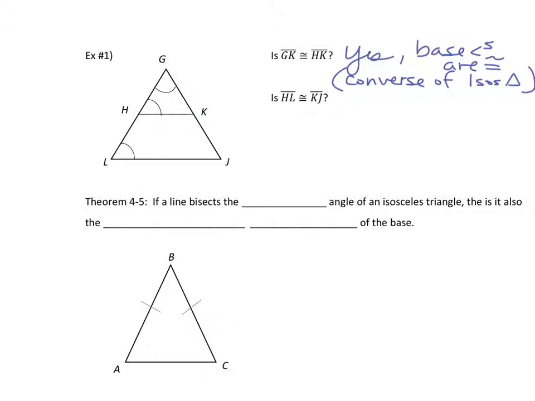All right. Second question, is HL congruent to KJ? Based on the markings they give you, are those congruent? Notice what the markings are doing here.